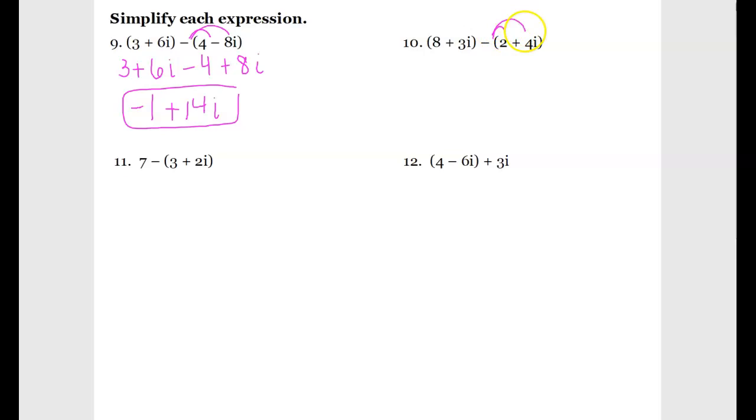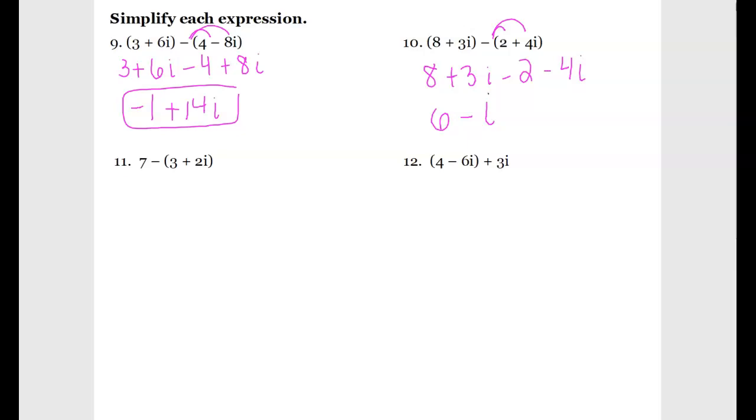Distribute, combine like terms. So you get 6 minus i, because you have 3 and negative 4. In 11, we're going to distribute.